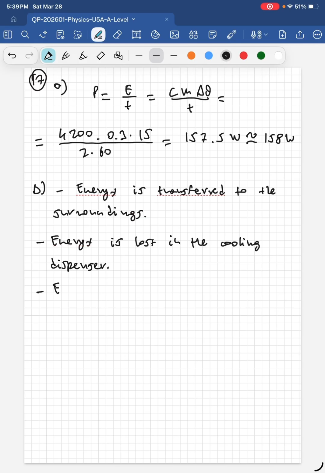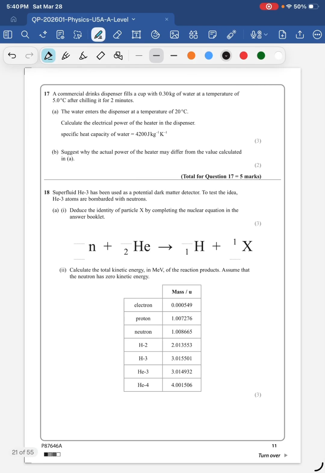And you can also say that the efficiency is always less than 100%. Okay, and that's the answer.